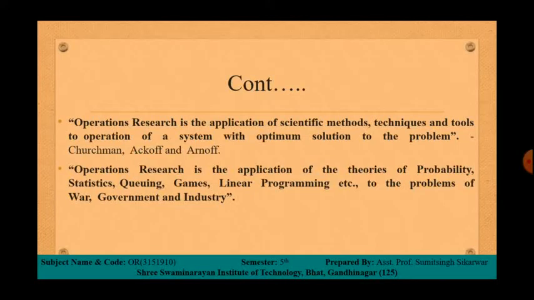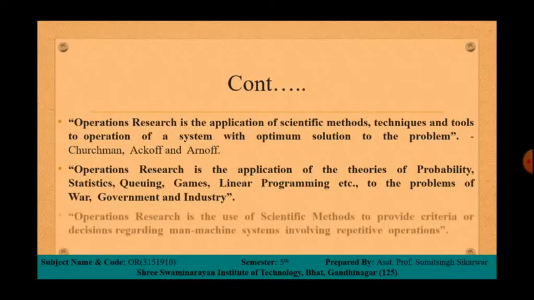Another definition of operation research is the use of scientific methods to provide criteria for decisions regarding man-machine systems involving repetitive operations. Now, this definition talks about man-machine systems and the use of scientific methods in decision making.